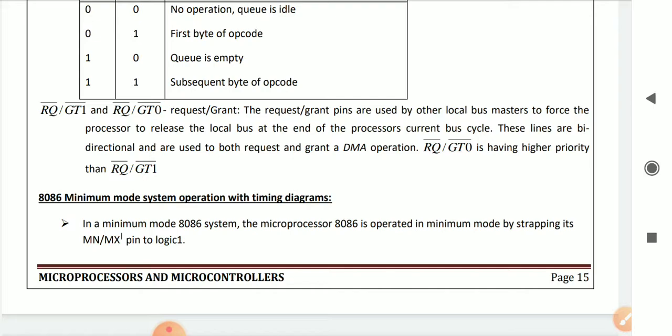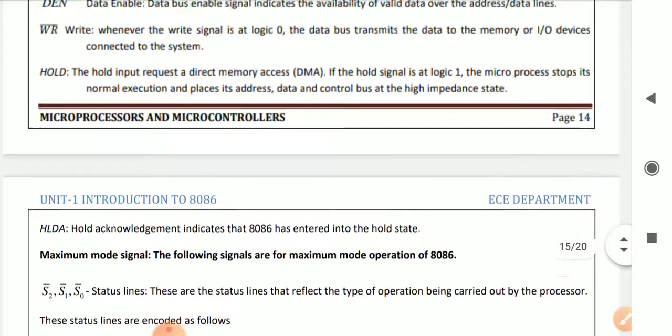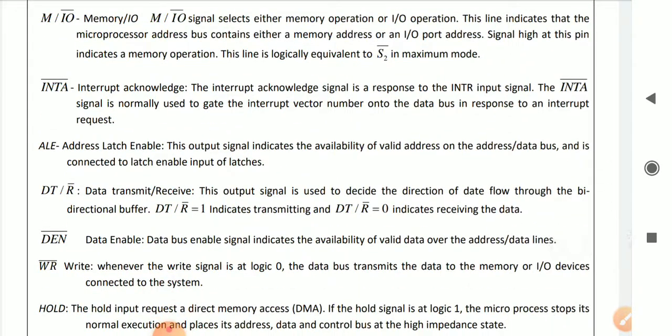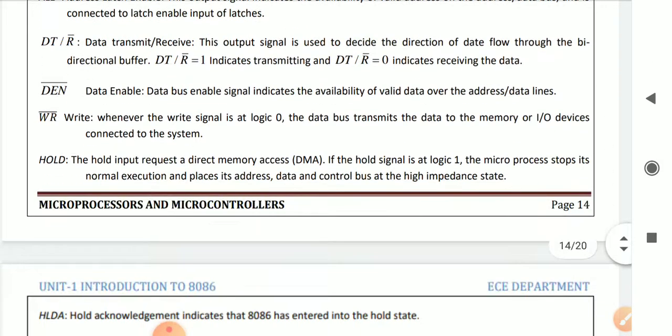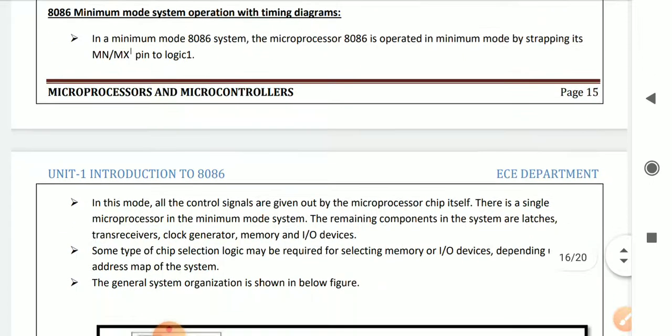So these were the pins used for the maximum mode and minimum mode. These are the pins which are specific to the particular mode. Now you can be asked the difference between the minimum mode and maximum mode of operation, or asked to explain the modes of operation of the 8086 microprocessor.